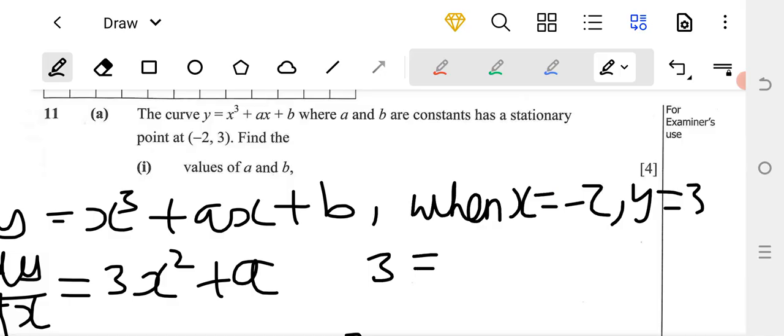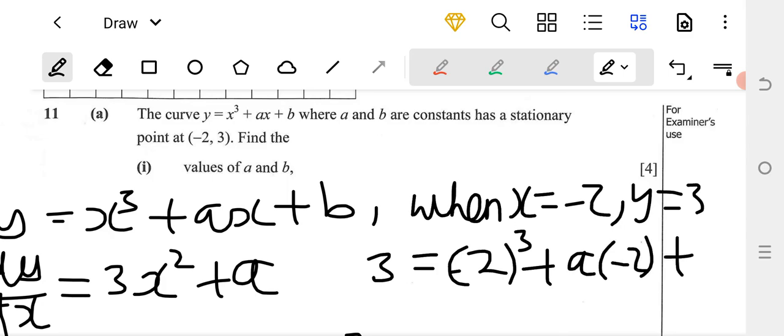Three is equal to negative 2 cubed plus a multiplied by negative 2 plus b.